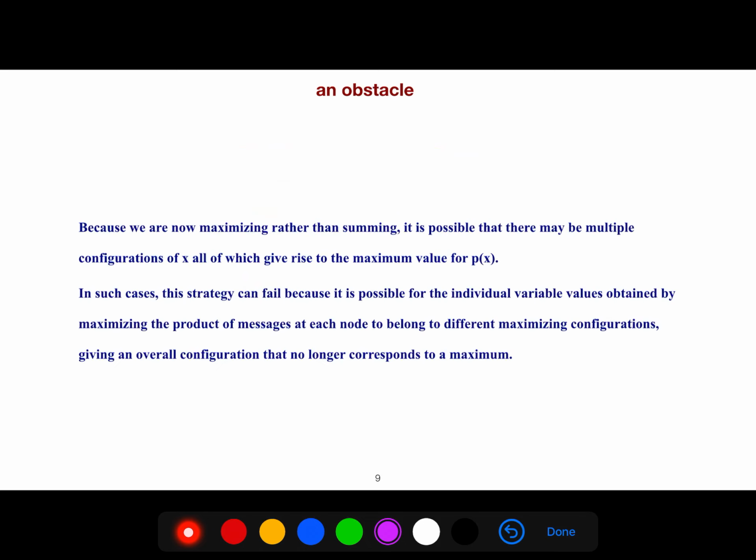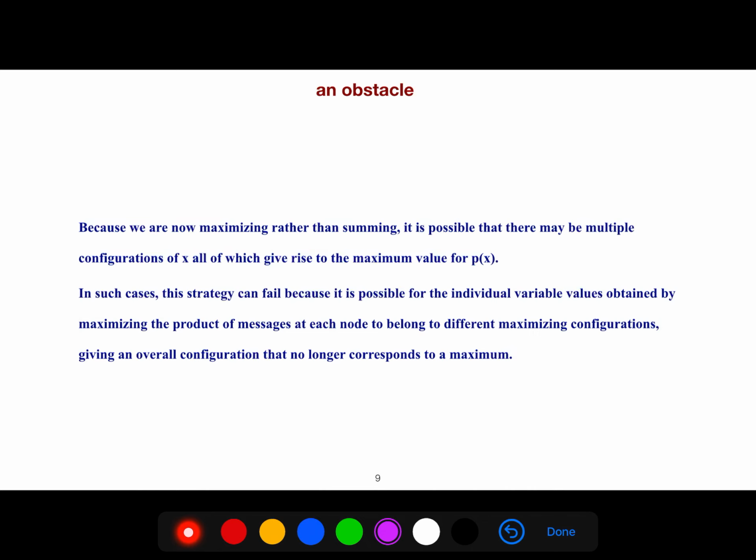But there is an obstacle. Because we are now maximizing rather than summing, it is possible that there may be multiple configurations of x, all of which give rise to the maximum value. So which one do you choose?